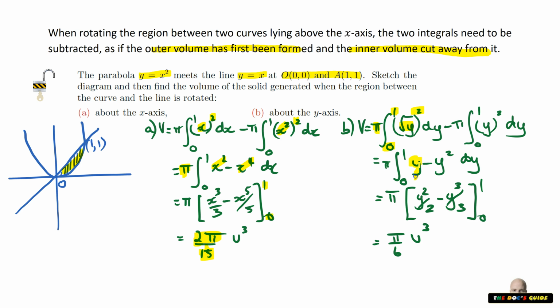The innermost shape is the line y equals x, or therefore x equals y. We're going to square that, and our integral will become this. We go ahead and do our integration, plug in our limits, and we get pi on 6 cubic units as our result.